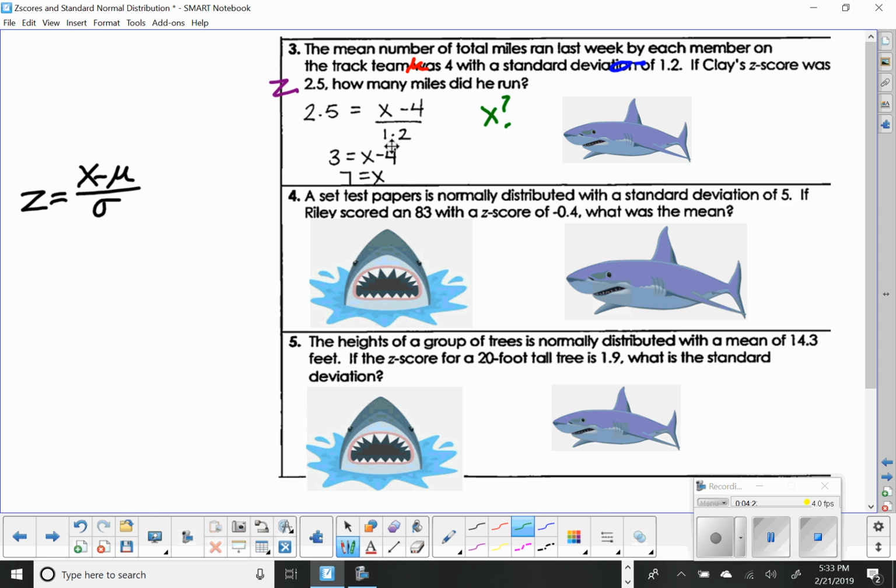When you go to solve this, you can multiply both sides by 1.2, which gives you 3 is equal to X minus 4. You add 4 to both sides, and so your data value is 7 miles.